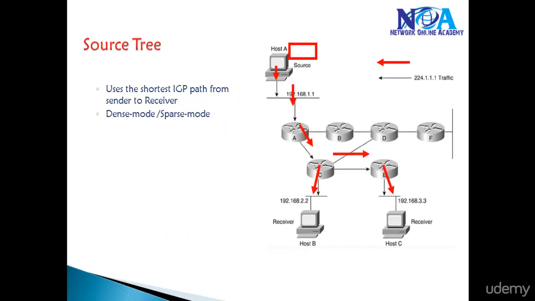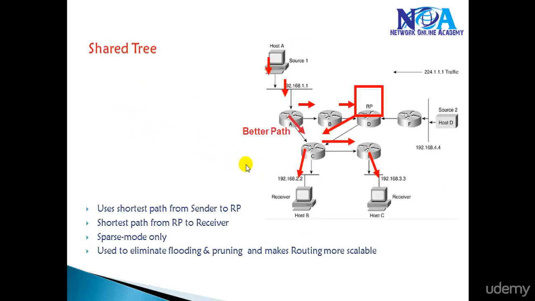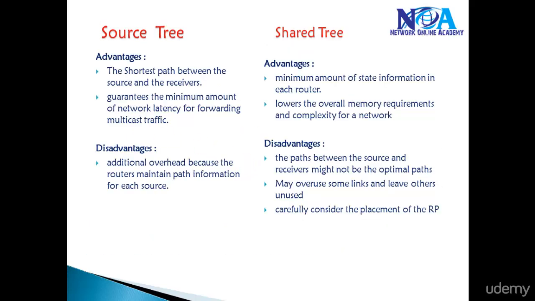In our next sections we'll get into more detail on how the actual forwarding happens. With the source tree, it just uses the shortest path because all the routers know the shortest path to the source, since it works based on flood and prune. Whereas in case of the shared tree, it goes via the RP.